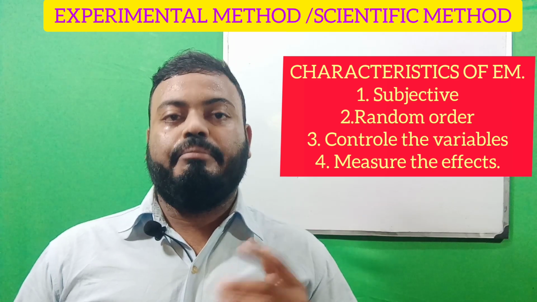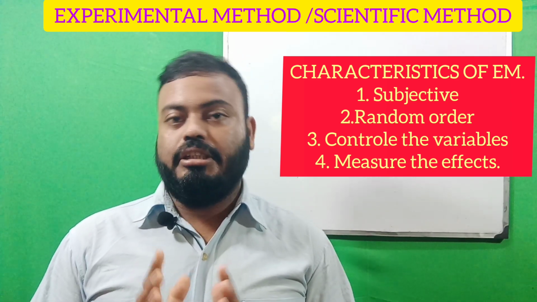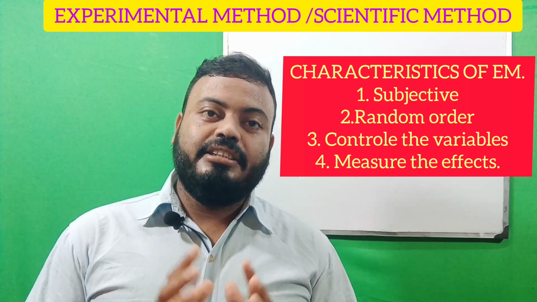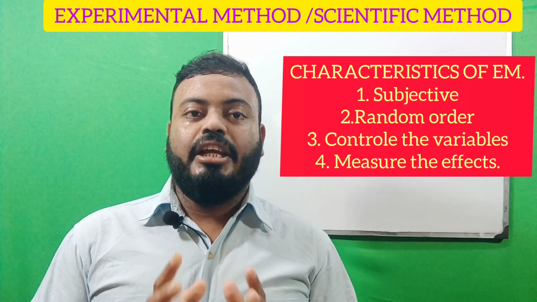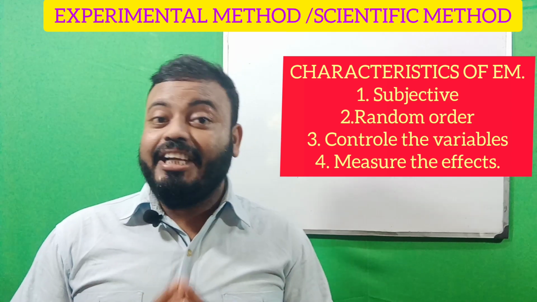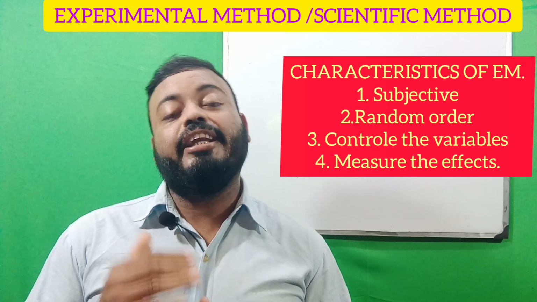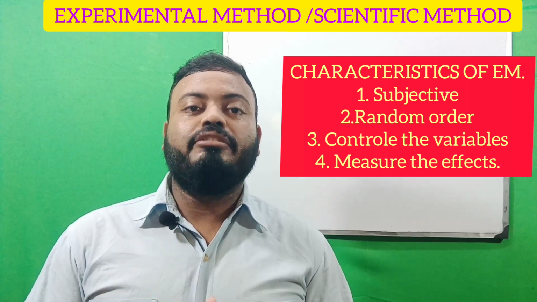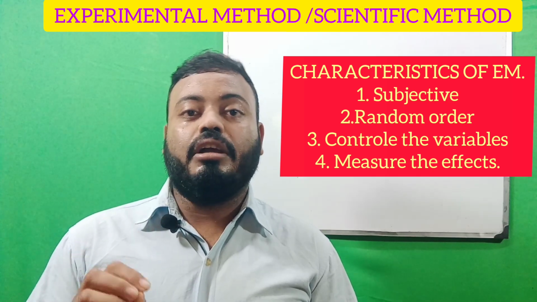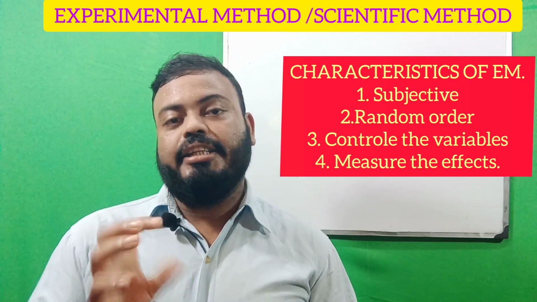We know previously that there are three types of variables: independent, dependent, and intervening. These three types of variables are controlled by the researcher. As a researcher or scholar, when you are conducting research on any kind of topic, these variables will come into your research. But how to handle or control them depends on the capacity of the researcher.